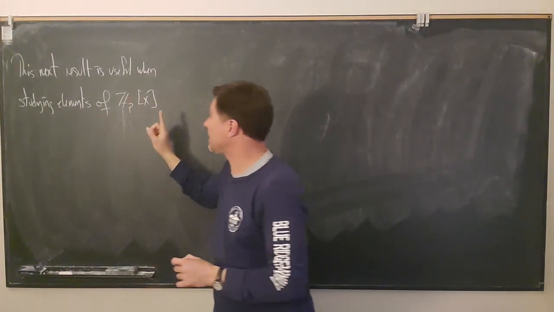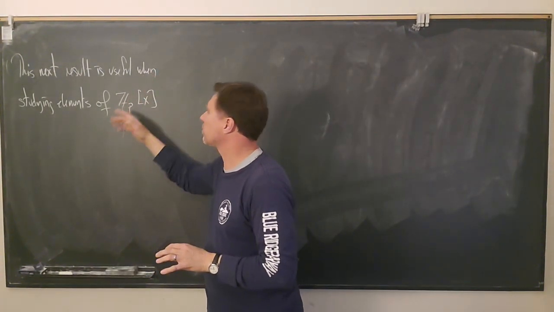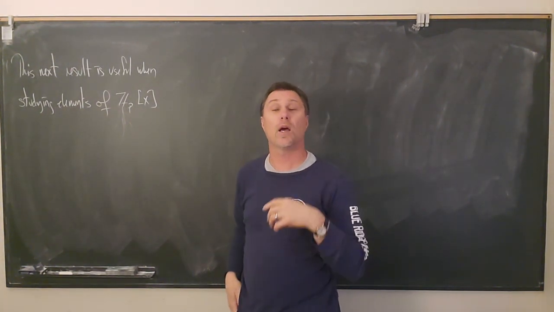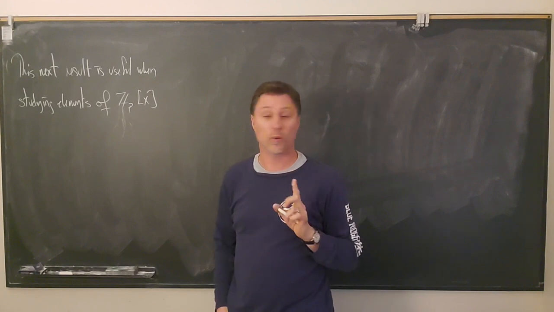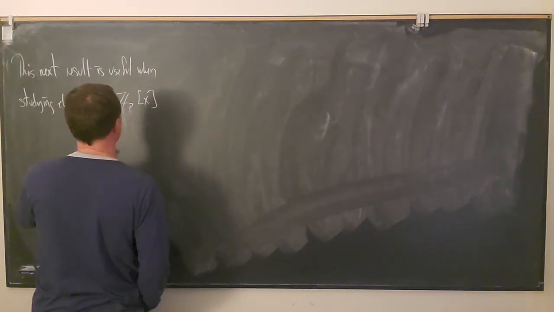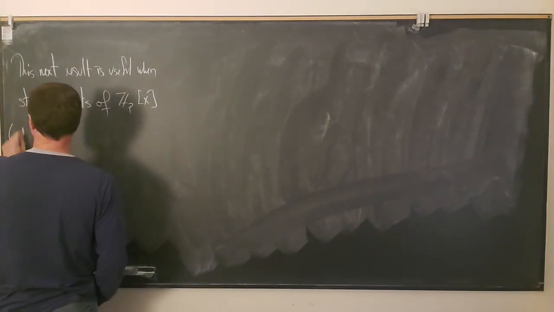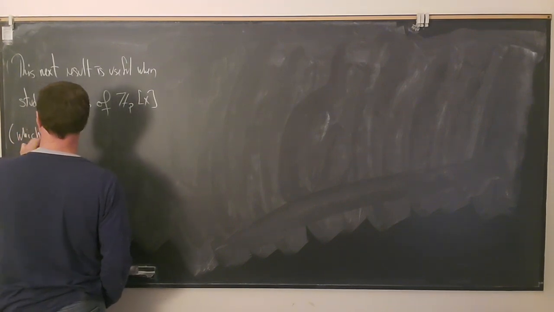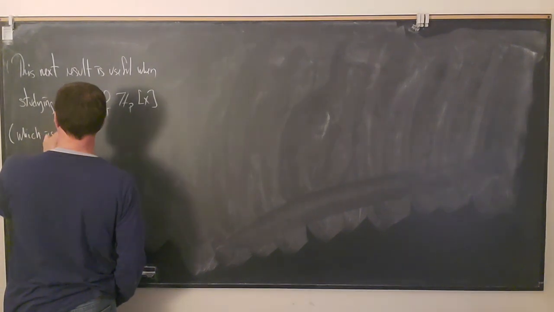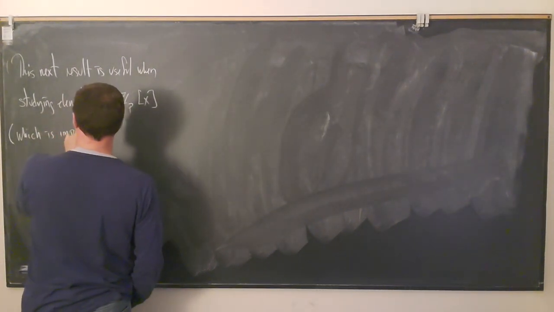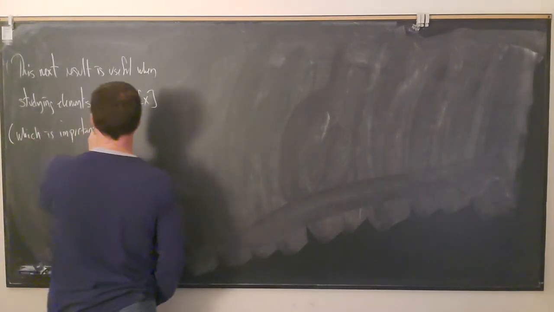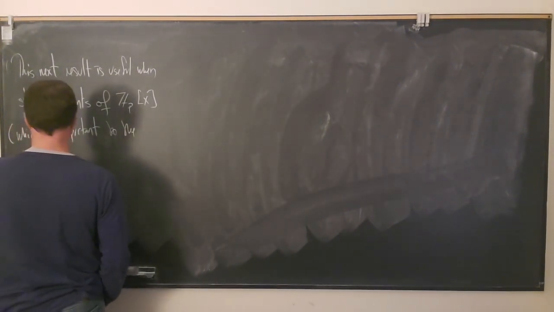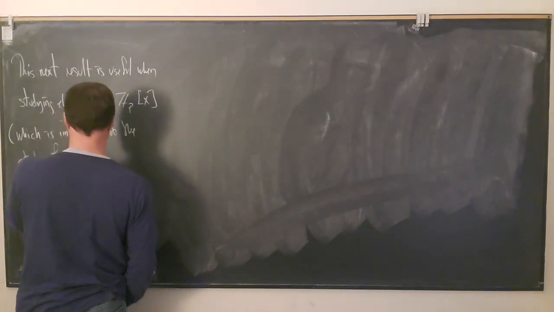And what we will see is that this result, or studying elements of Zp[x], is actually useful in studying polynomials whose coefficients come from the rational numbers. So I'll just put this in parentheses, which is important to the study of Q[x].